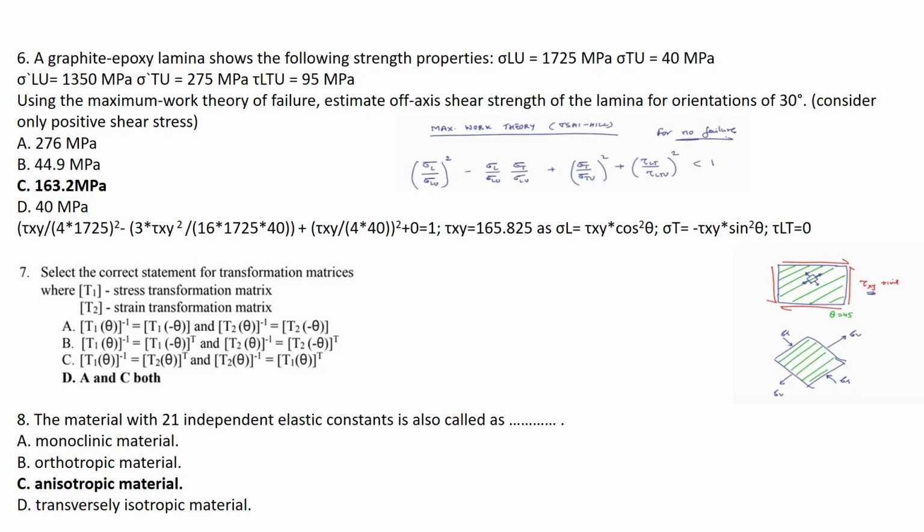In orthotropic, properties are different when you take a perpendicular turn, but in anisotropic, properties are different in all directions individually. Transversely isotropic materials are where most of the properties are the same along all directions. So from the previous derived cases, we can see that anisotropic materials have the most independent elastic constants, and therefore the answer is C.